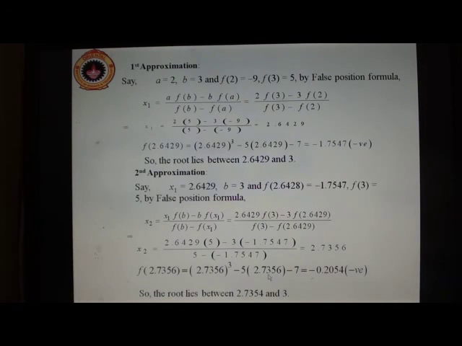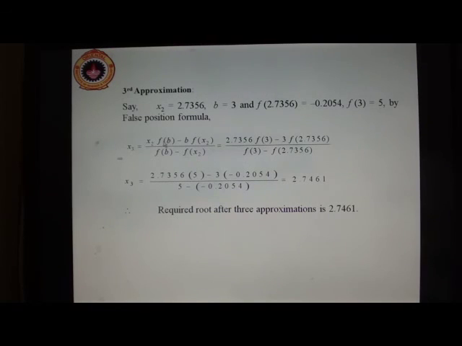In the second approximation, it gives 2.7356, and the function value is negative. So the root lies between 2.7356 and 3. In the third approximation, it gives 2.7461. Therefore 2.7461 is our required solution.